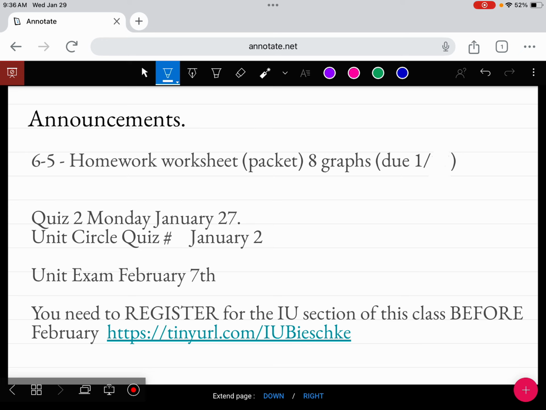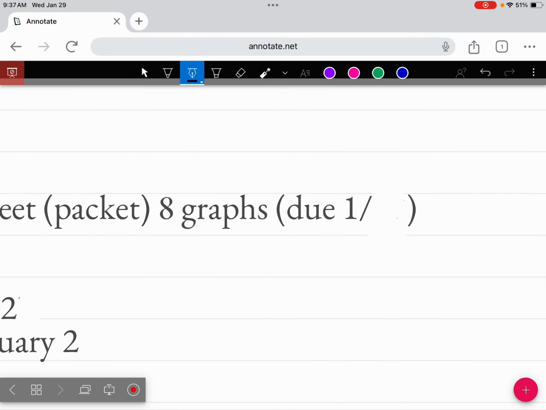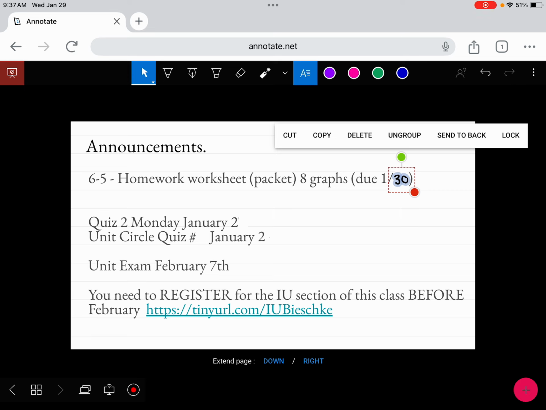For the homework, I have it on a packet, just because I didn't want us to have to come up with 8 of them. I'm going to put 30. If you need a day, take a day. I get it.